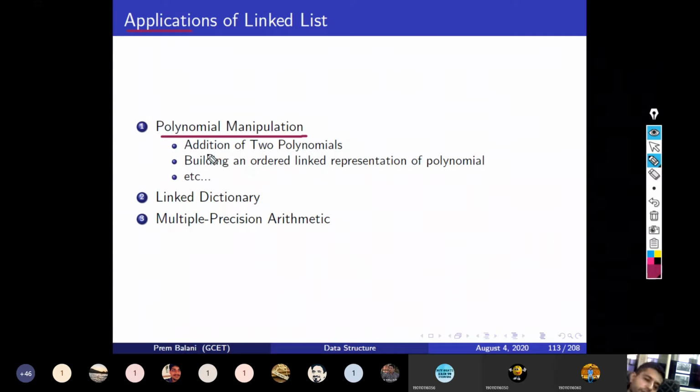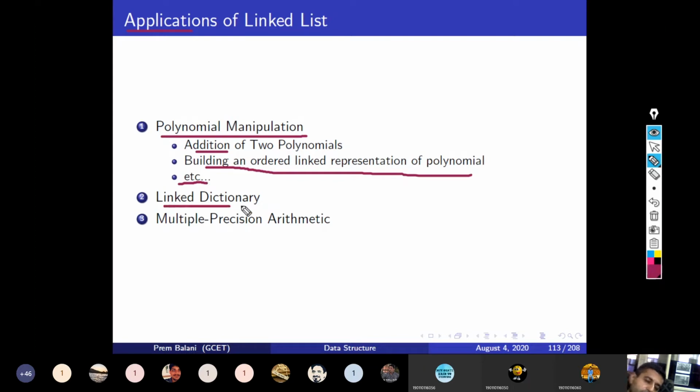The different operations which you can perform on polynomials are addition, then building an ordered linked representation of a polynomial, and all possible operations on polynomials can be done here, right?